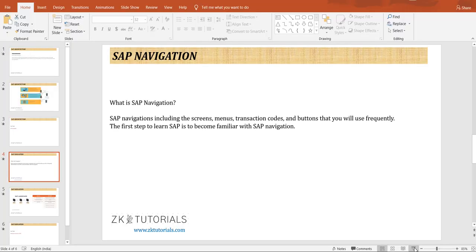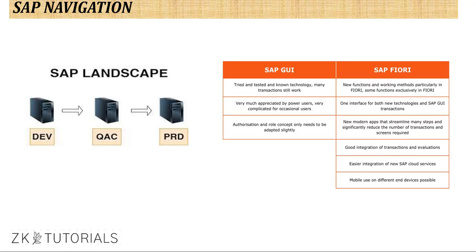Here you can see the comparison. We have two tools here: a tool called SAP GUI and SAP Fiori. We have two different tools to connect with SAP. Why do we need two tools? Actually one tool is enough, right? I'll explain that.